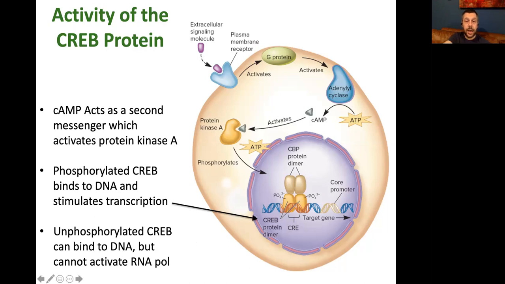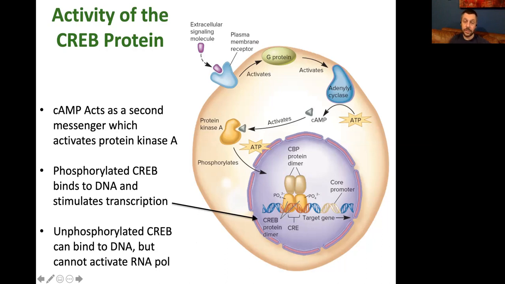So here we have an extracellular signaling molecule in purple. It's going to bind to a receptor, this time on the surface of a cell. There's a whole chain of things that happen inside the cell, but the upshot is that you get an increase in this gray molecule, cAMP. This gray molecule activates a protein kinase.